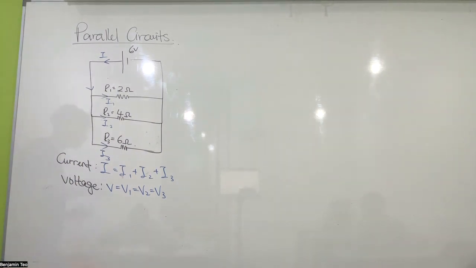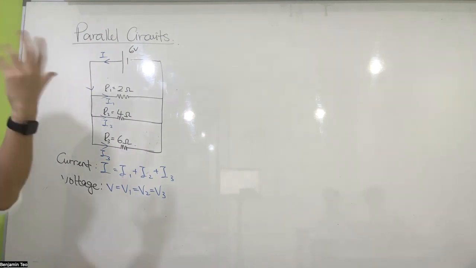So that's the good thing about a parallel circuit, everybody gets the same amount of voltage. Now, your series is the opposite: in series, the voltages add up, while the current is the same. You have to remember it.